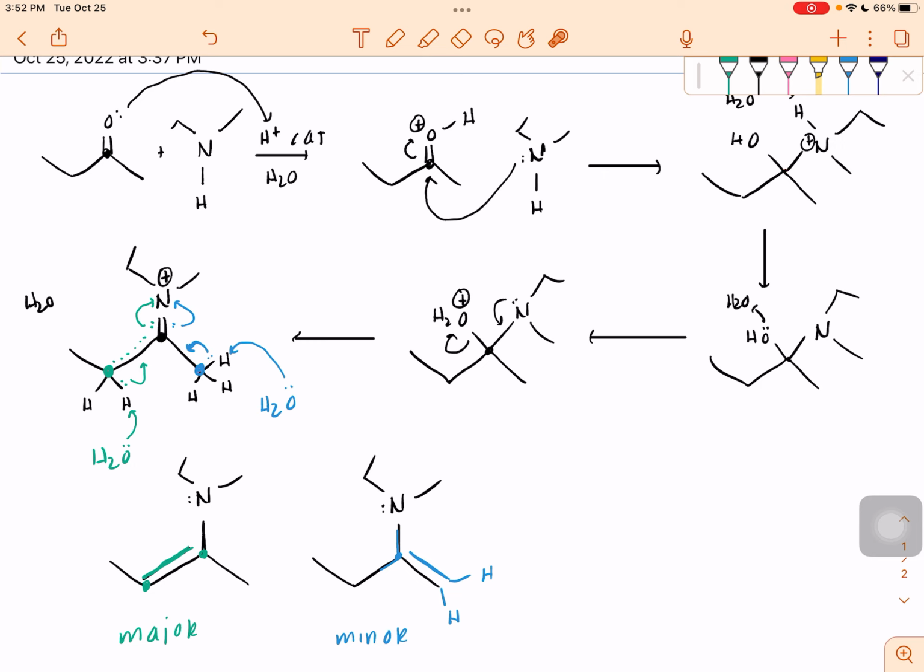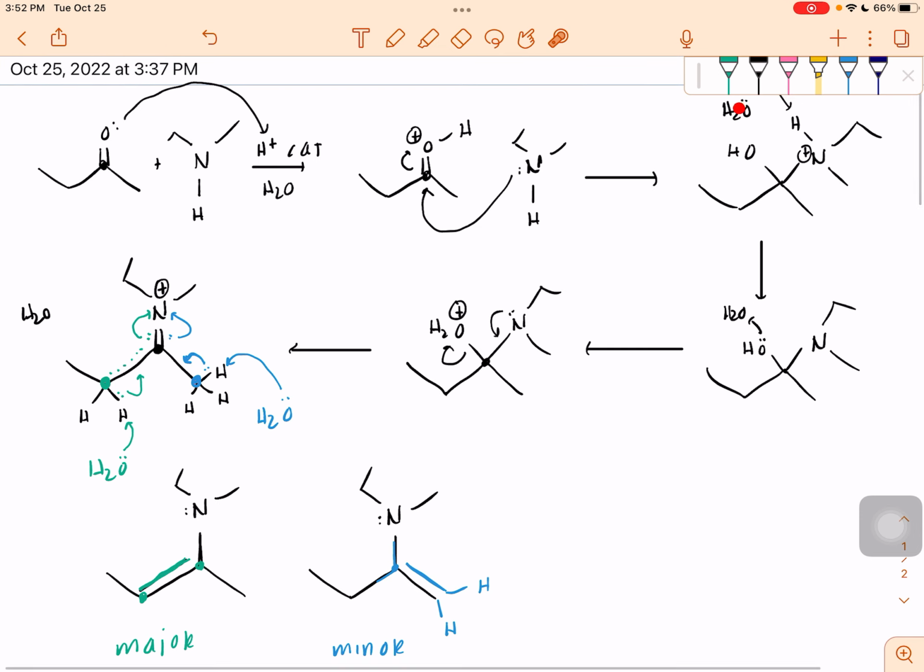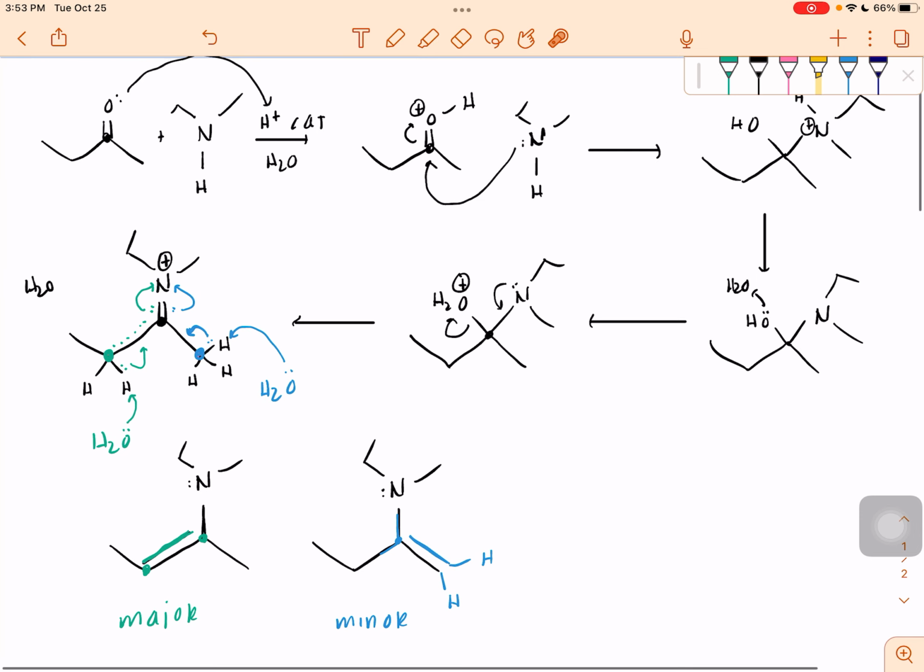So something in the solution, water, is going to take a hydrogen off, and then I have a happy nitrogen and a happy oxygen. But I have to give a reason for my oxygen to leave, so we're going to protonate it. I end up with this molecule where now the nitrogen is going to fold over, form a double bond, kicking off this water.